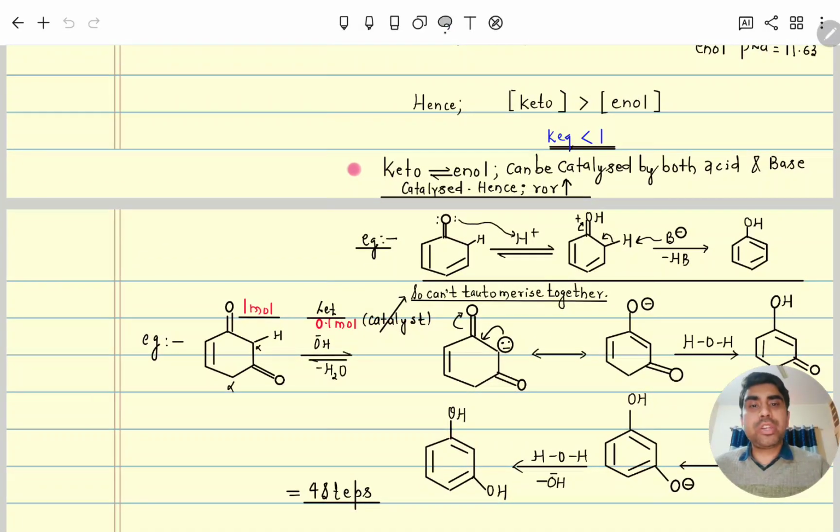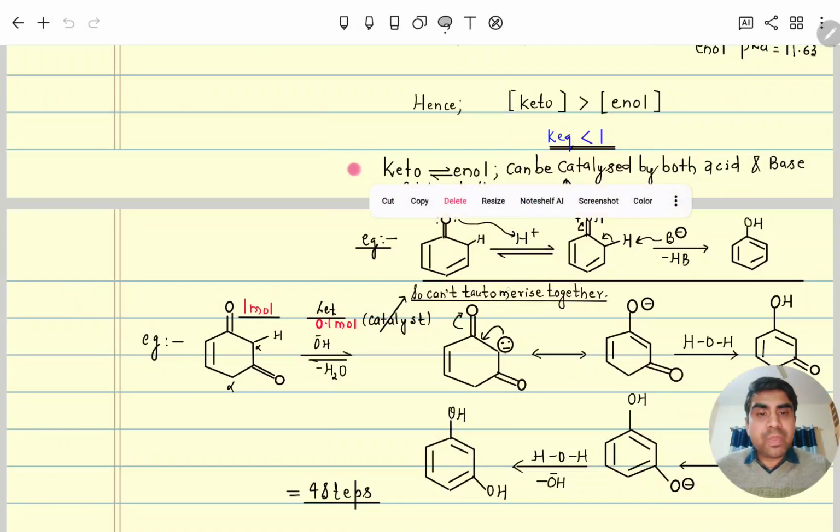Since we discussed that keto enol tautomerism can be catalyzed by acidic medium also or by basic medium also, if it is in acidic medium, then what will happen? This H plus will react with this lone pair, means oxygen is the nucleophile and H plus the electrophile.